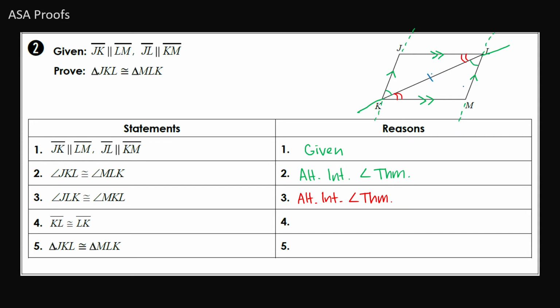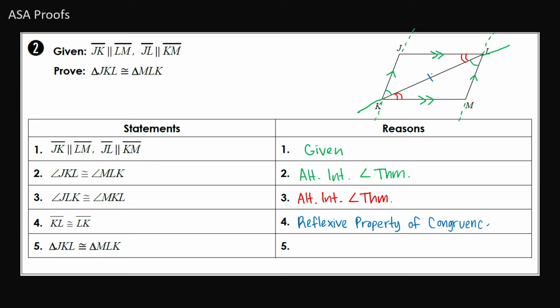The same segment is congruent to itself. And we're going to use the very popular reflexive property of congruence to justify that. So reflexive. You'll see this pop up in a lot of proofs when you're proving triangles are congruent. Reflexive property of congruence.